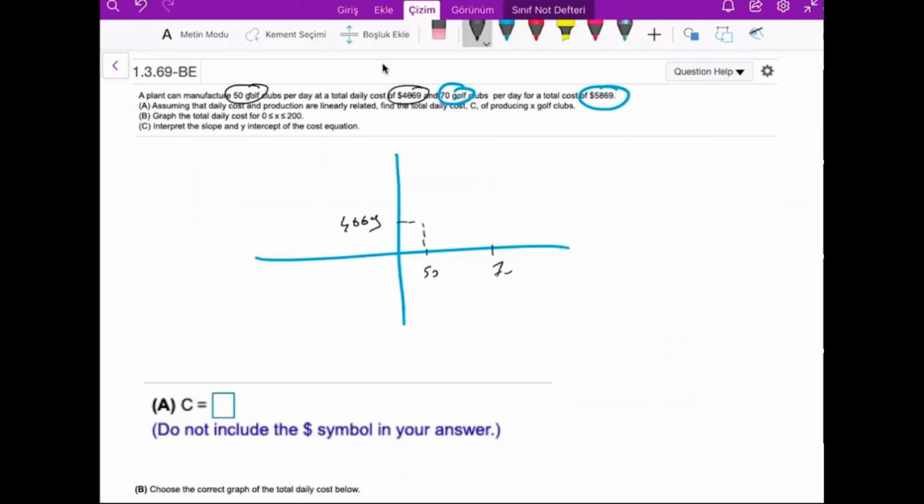When x is 70, this is our cost function. x is the number of golf clubs, y is the total cost, and when x is 70, the cost will be this value.